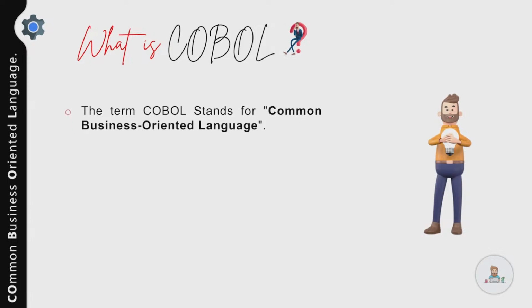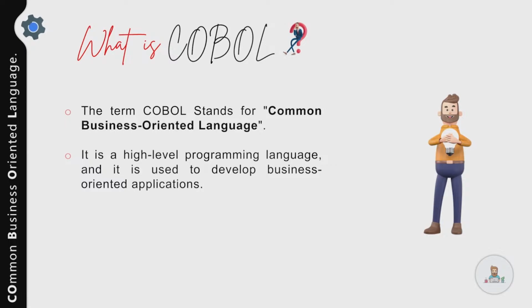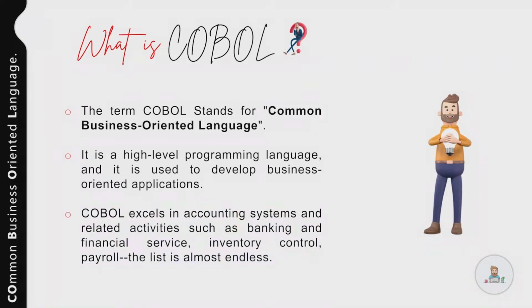The term COBOL stands for Common Business Oriented Language. It is a high-level programming language and it is mainly used to develop business-oriented applications. COBOL was designed specially for business applications, although you can use it for various programs and programming problems, it is commonly used for business processes such as banking and financial services, retail sales tracking, payroll, and many other applications.